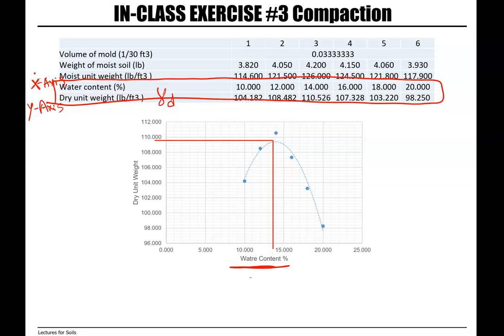You make your curve and then find the peak of your curve, which gives you the optimum water content in percentage that yields maximum dry unit weight, which is also the maximum level of compaction.